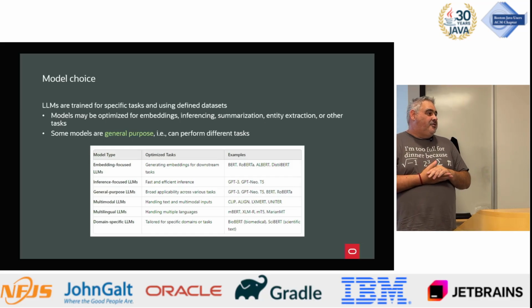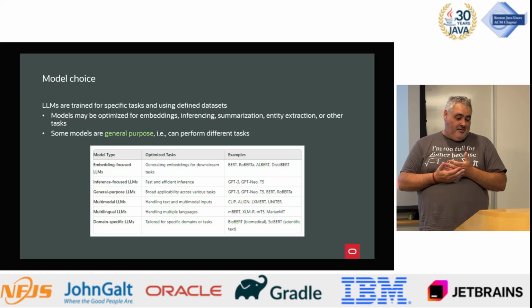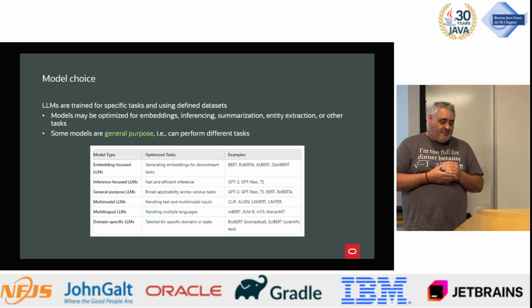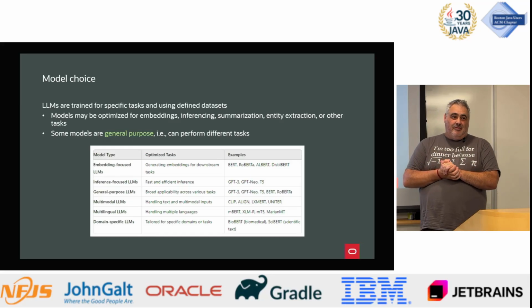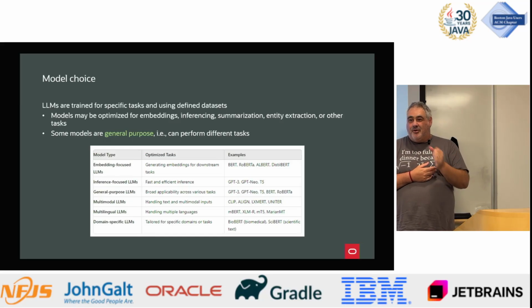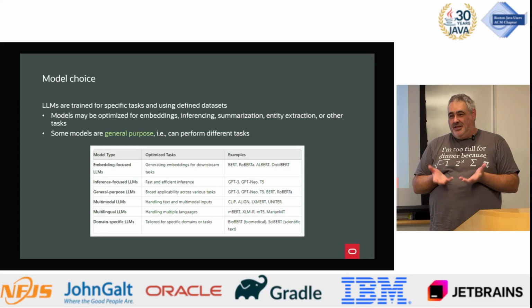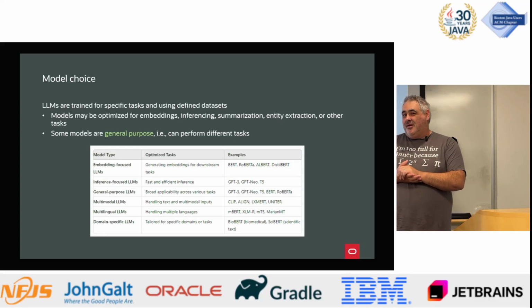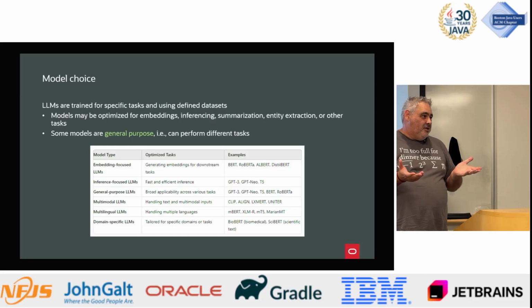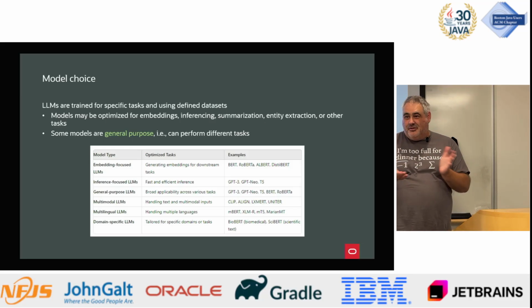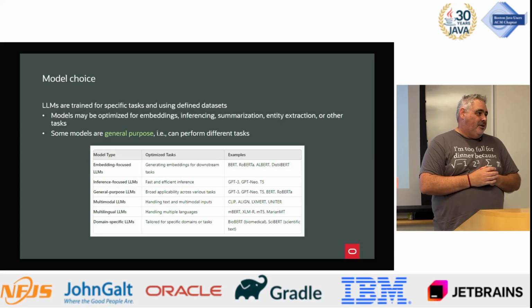Some of them are trained for a specific task. Some of them are very good at answering questions. Some of them are very good at following instructions. Some are good at extracting entities from a text or summarizing a text. And some of them are general purpose models that are good at a number of different things. There's also diffusion models that are good at creating images, and there's models that are good at other non-text related stuff too.